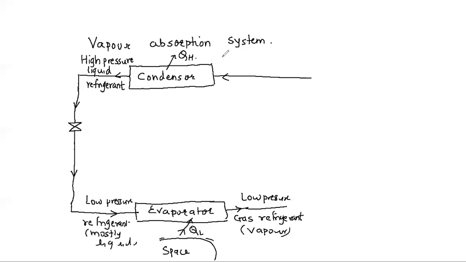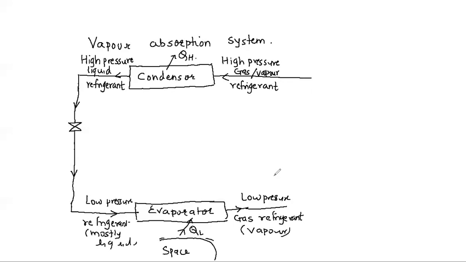So the pressure is high pressure, and what should enter is the gas, the vapor, which should condense, okay? So whatever I had drawn here is similar to your vapor compression refrigeration system.